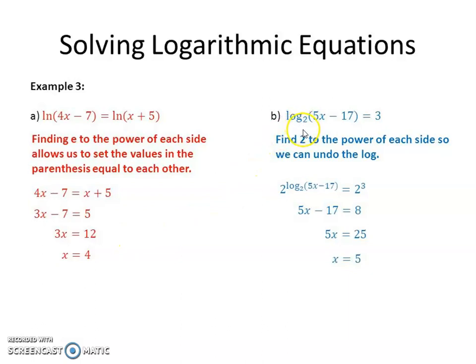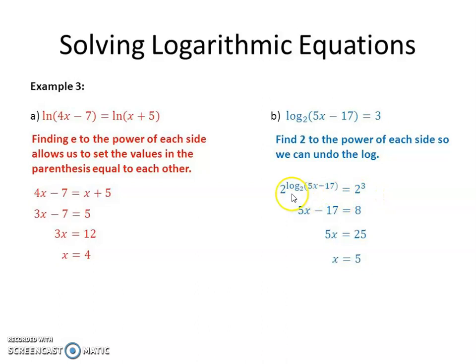Second example: log of 5x minus 17 to the base 2 is equal to 3. What do we take? We take 2 as the base. So we take the base 2 on both sides. It is important that 2 raised to log to the base 2 of 5x minus 17 is equal to 2 cubed, because we know that a raised to log to the base a of f of x equals f of x.